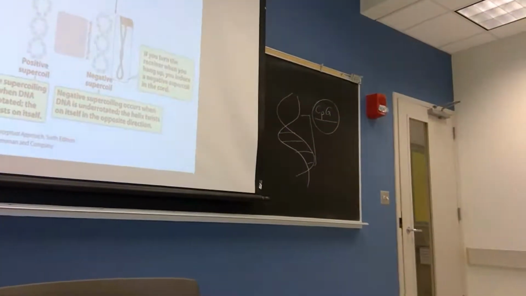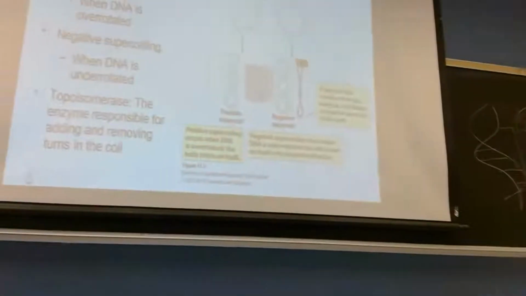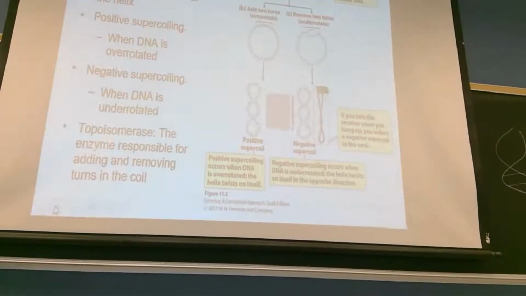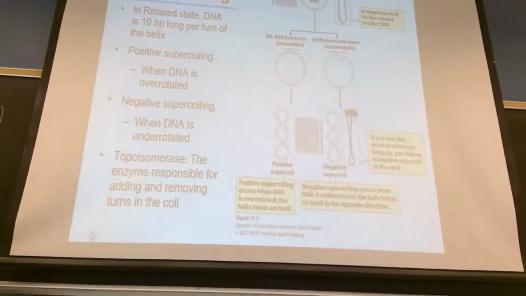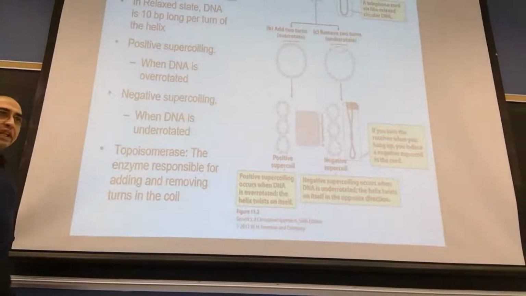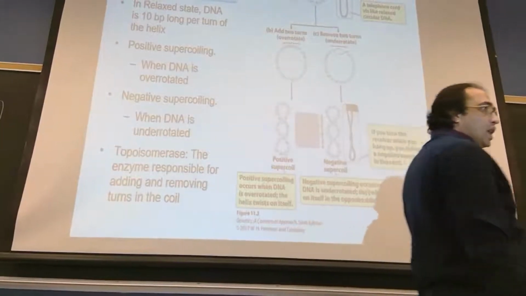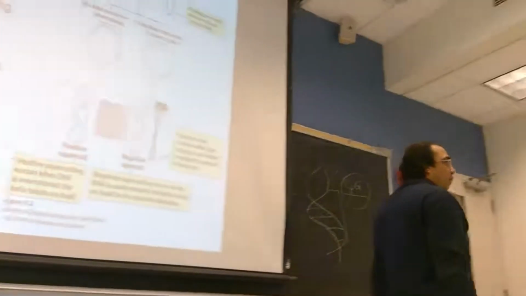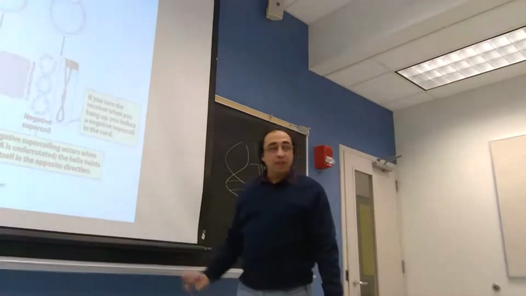Now, they can be tightly packed here. When they are tightly packed, they could have more than 10 base pairs in one turn. If they have just like this part, it is called over-rotated. So more than 10 base pairs in each coil is called over-rotated, and that is called positive supercoiling.